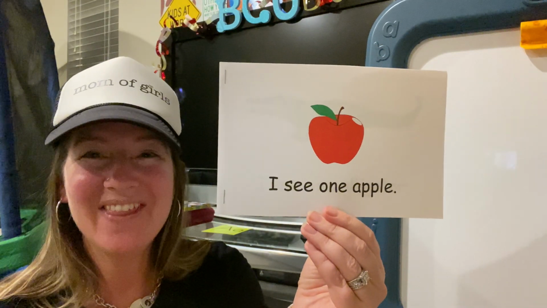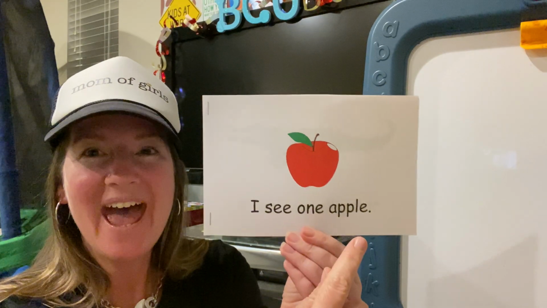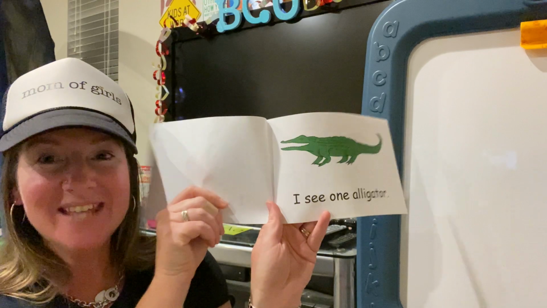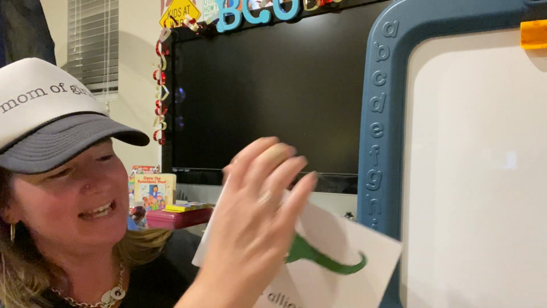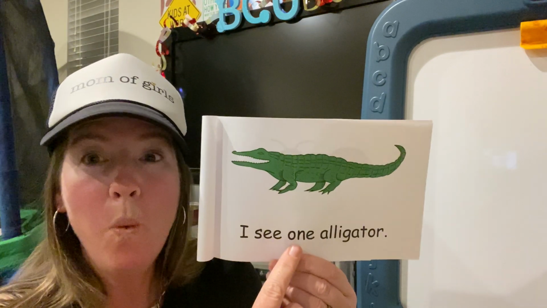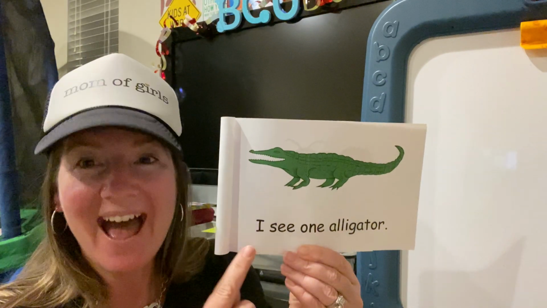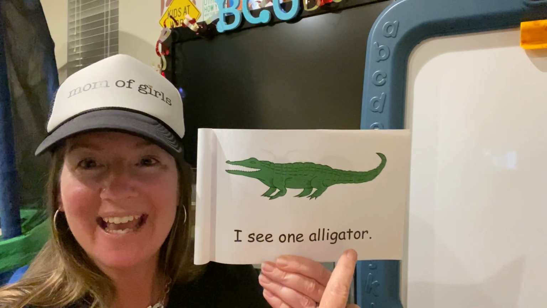And all together, I see 1 apple. Good. Let's turn the page. Who's that? It's an alligator. All right. This says, I see 1 alligator. I see 1 alligator.